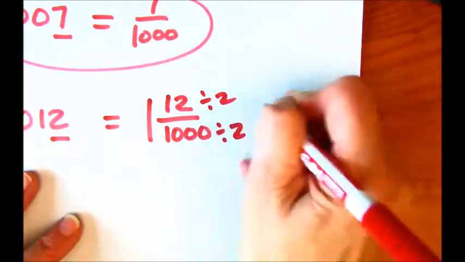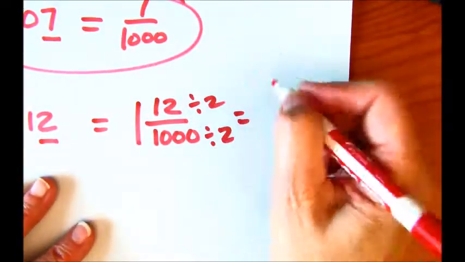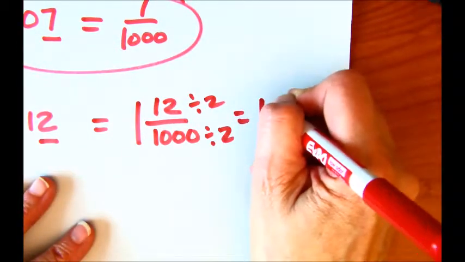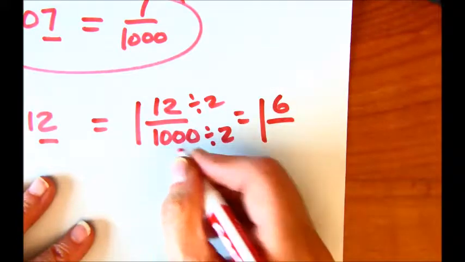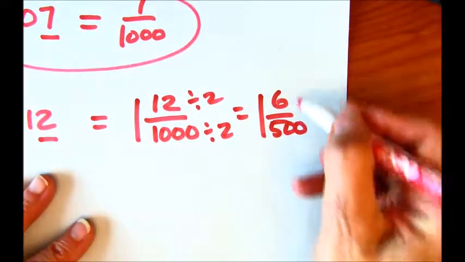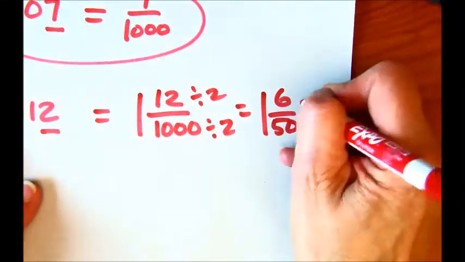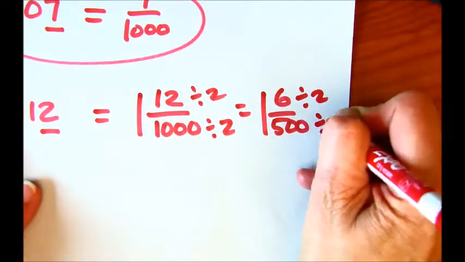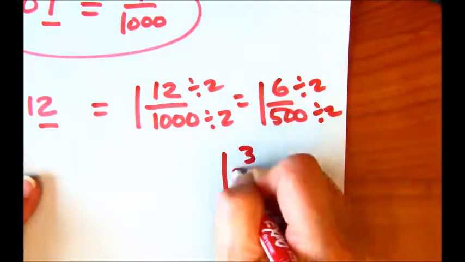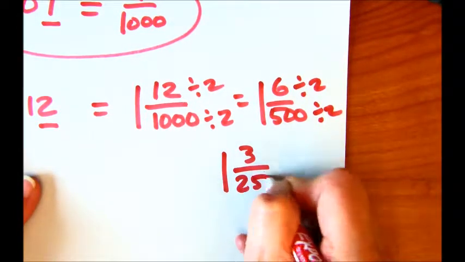You could probably divide by 4, but let's see what we get. 12 divided by 2 is 6, and 1,000 divided by 2 is 500. Notice they're both even, so we could divide by 2 again, and we're going to get 3 over 250.